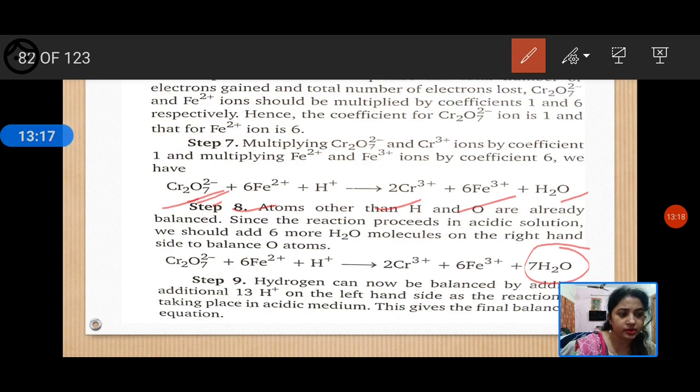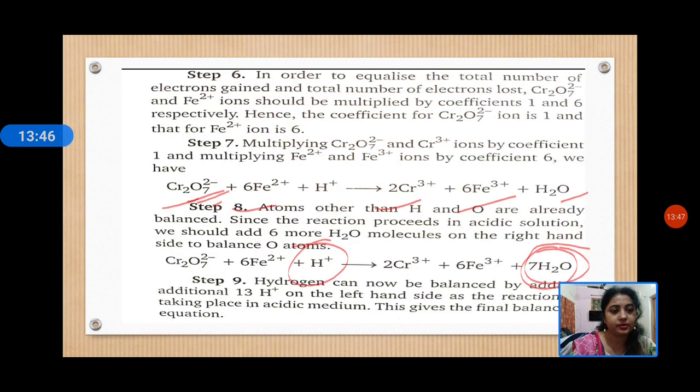Now the next step is to balance the hydrogen. Whenever it is given that the reaction is occurring in acidic medium, we have to add water. Okay, so 7H2O are done. Now let's count the number of hydrogen. Here we can see that it is 7 times 2, 14, and here only 1 hydrogen. So 13 hydrogen, it means we have to add on the reactant side.